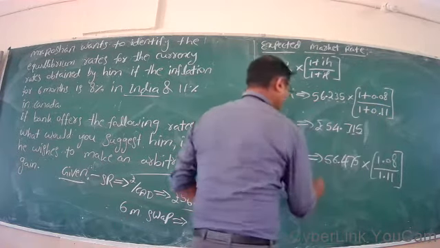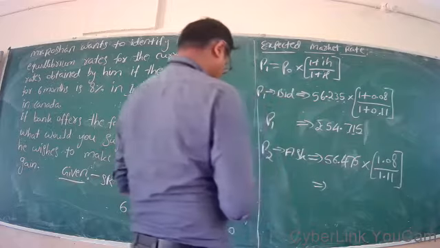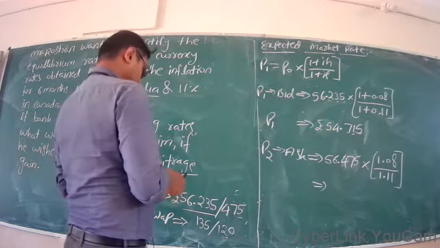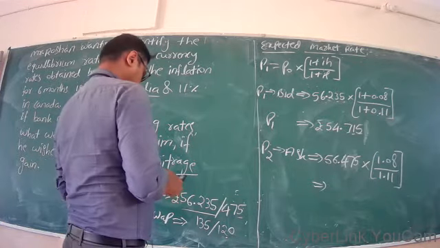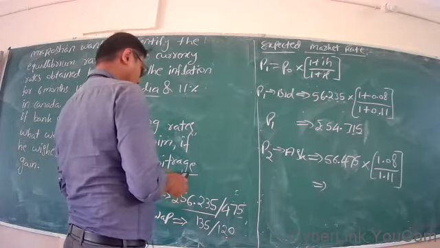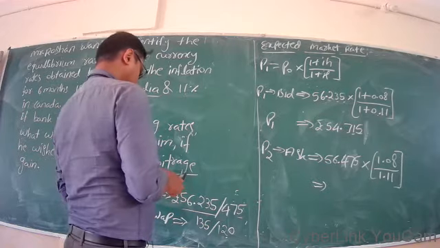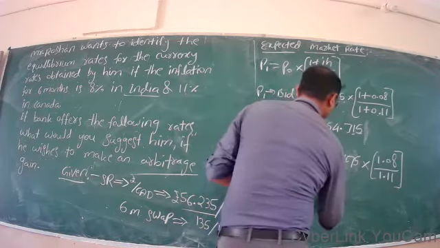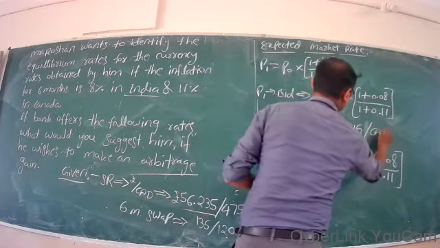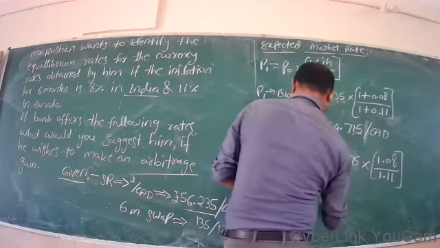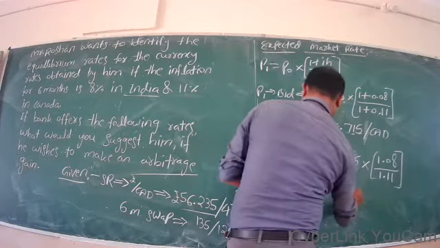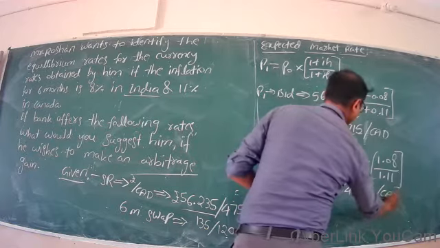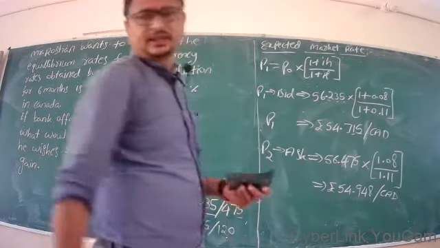Calculating straight away, the answer is rupees 54.948 per Canadian dollar. So we got the market rate.